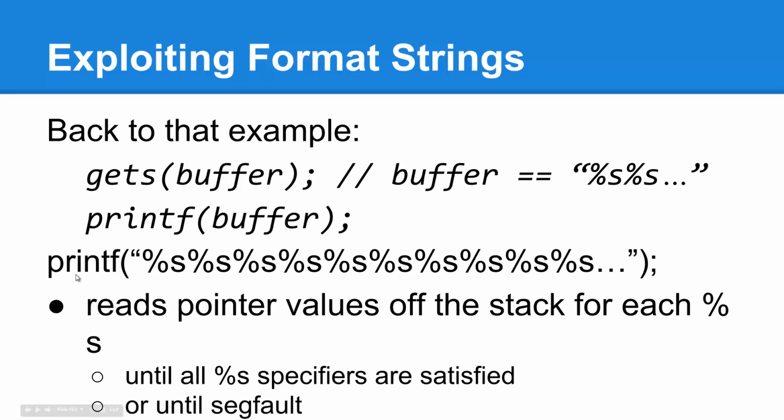Now, for this case, with %S's, it's going to pop values off the stack and treat each one as a pointer, trying to read a string at the destination of each pointer, and it will keep going, matching each one until all of the %S conversion specifiers are satisfied, or until an invalid pointer is dereferenced and causes a segfault due to an access violation.